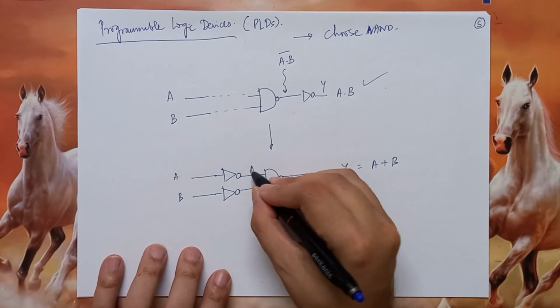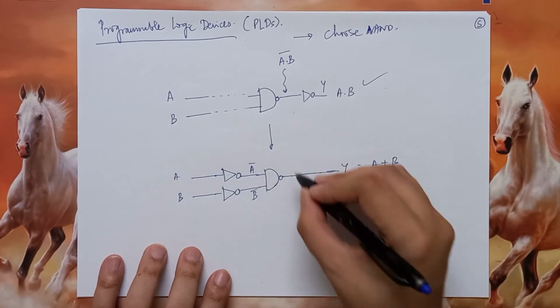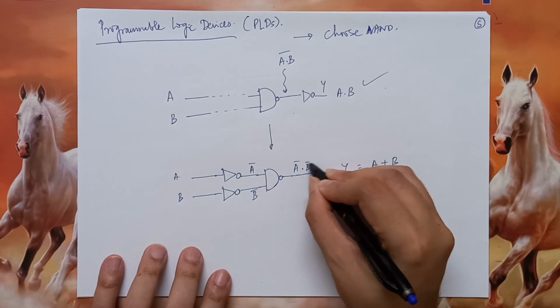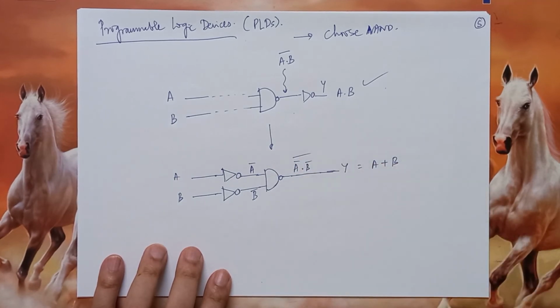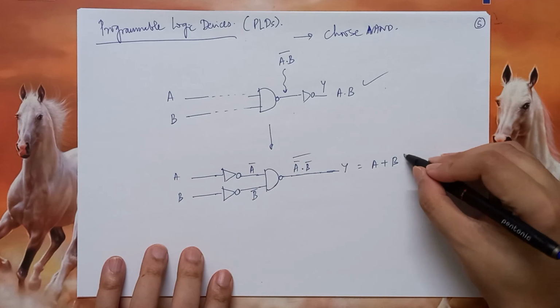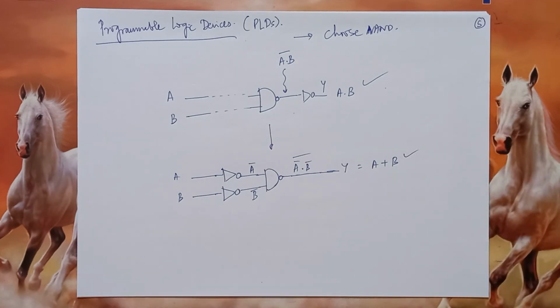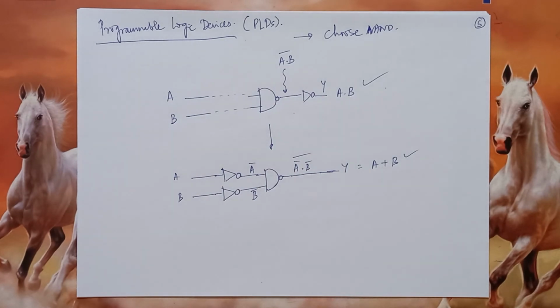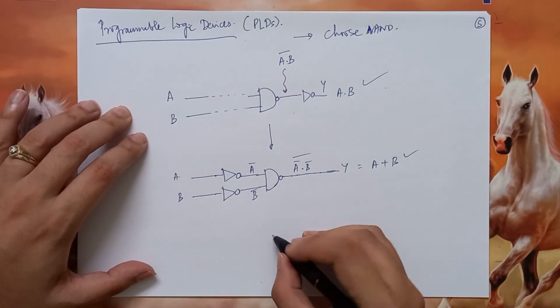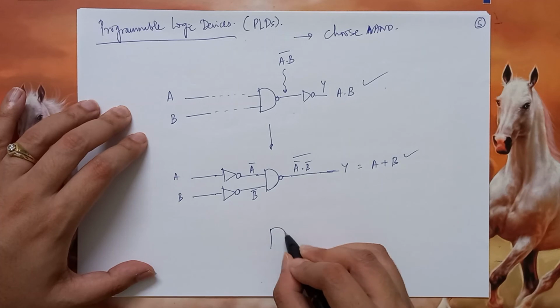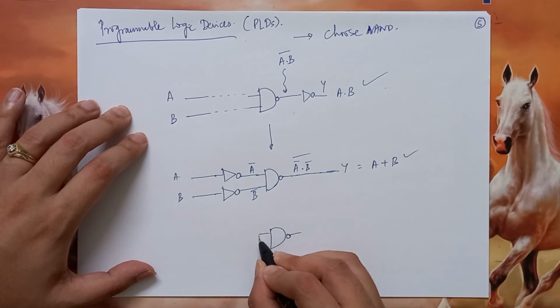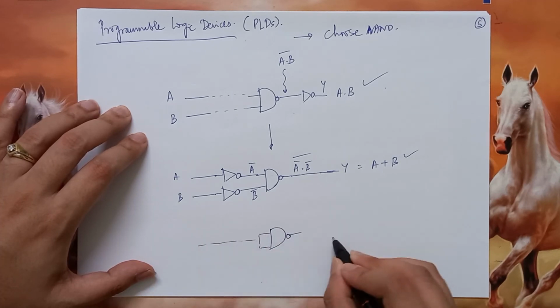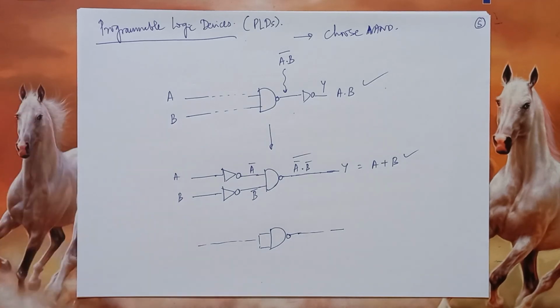So here this will be A bar, this will be B bar, this is A bar dot B bar, the whole bar, and using De Morgan's theorem, you get Y equals A plus B. Similarly, you can use this gate to realize a complement also. This is how we realize a complement.